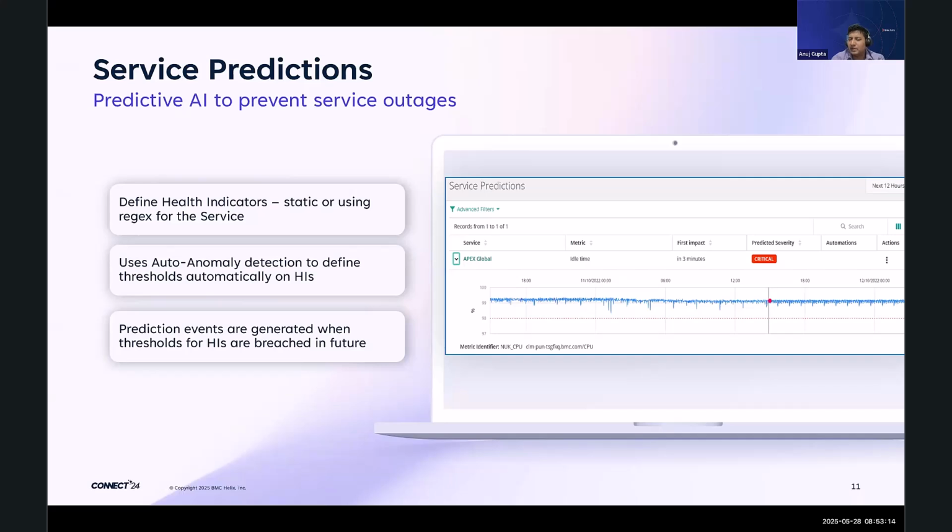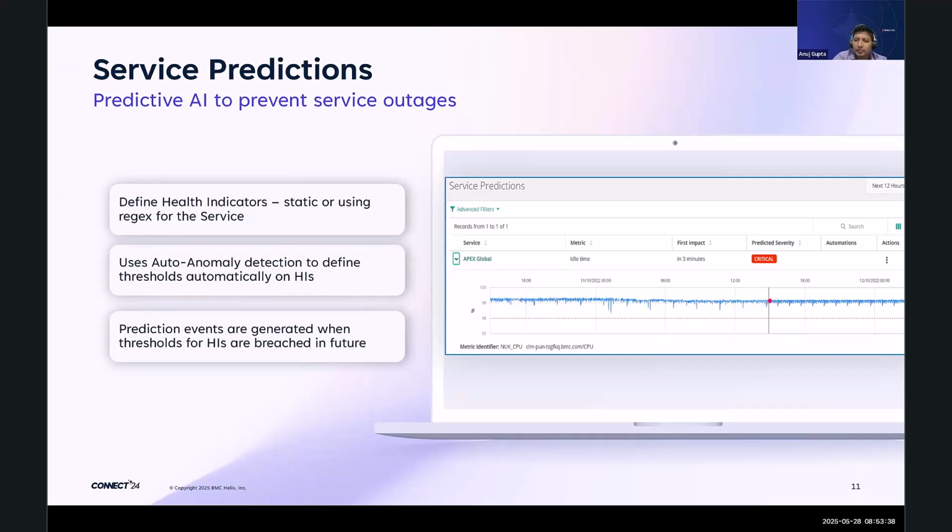We have done some enhancements in 25.2, but possibly in our 25.3, I will share some more updates in terms of how we are enhancing these predictions further, and how we are correlating these with our alarm events or our anomaly events, so that these predictions are correlated to the mainstream monitoring.